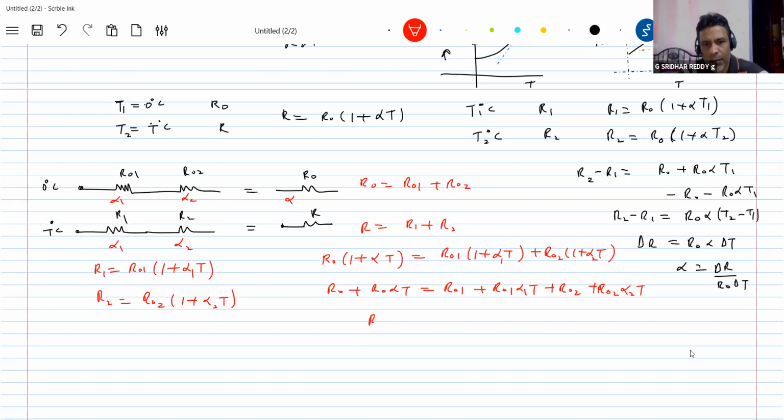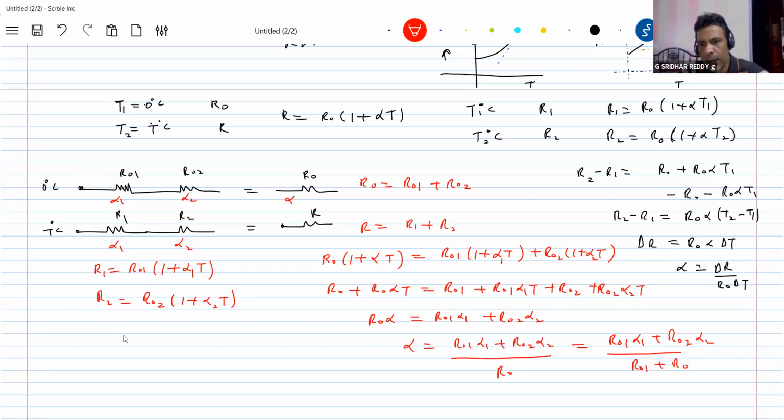So we end up with R0 alpha equal to R01 alpha 1 plus R02 alpha 2. Dividing by R0, alpha equals (R01 alpha 1 plus R02 alpha 2) divided by (R01 plus R02).